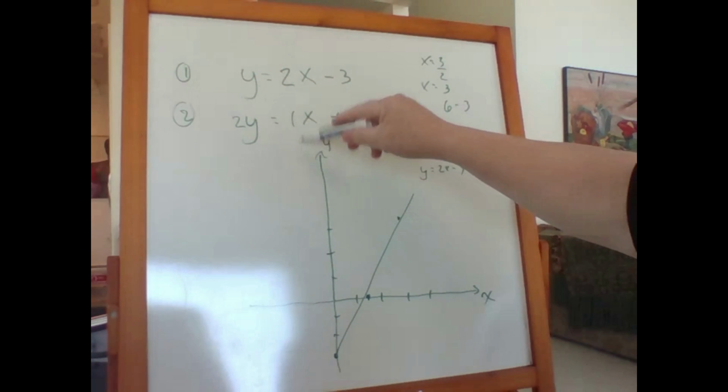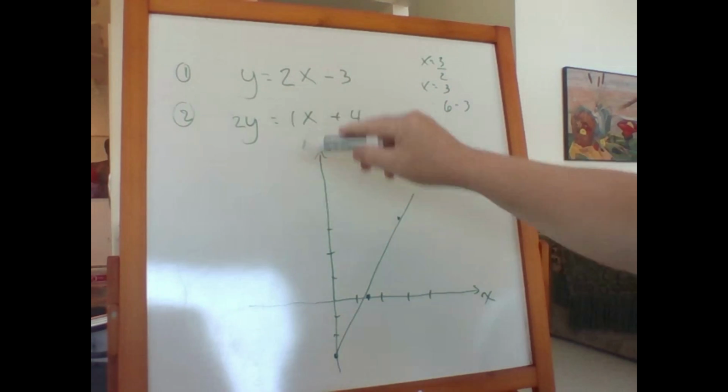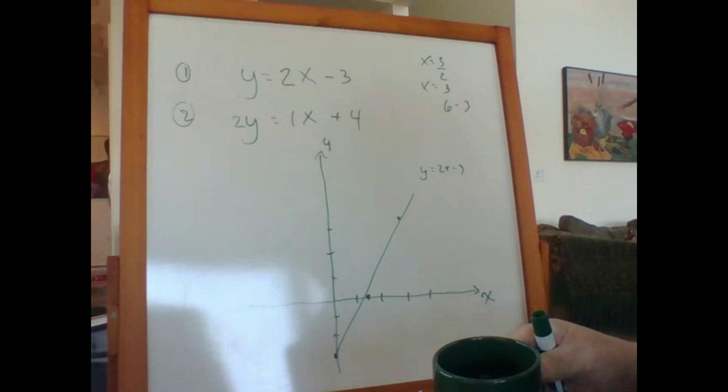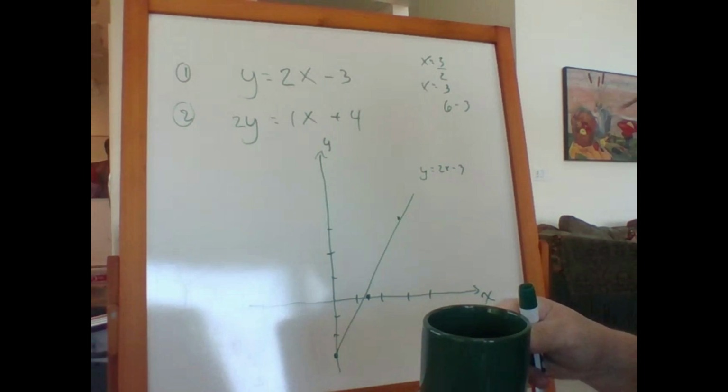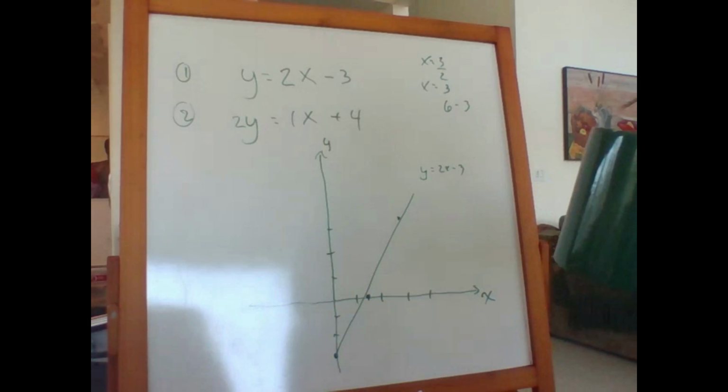Well, we know these aren't parallel, because in order for lines to be parallel, they need to have the same slope, and the slope is different between these two equations. In fact, there are many more equations that are not parallel than there are that are really parallel that you'll encounter.